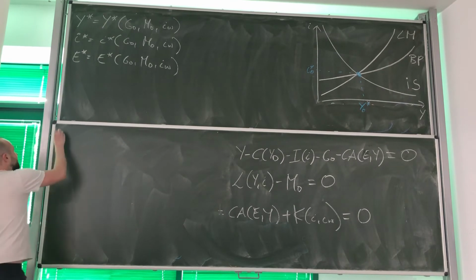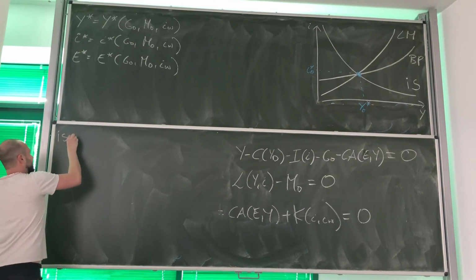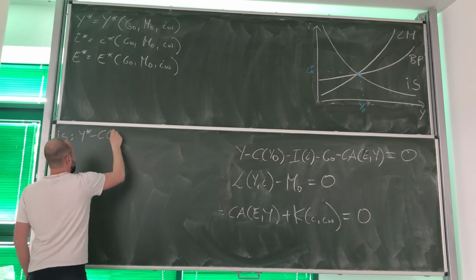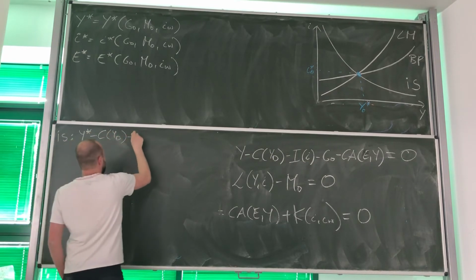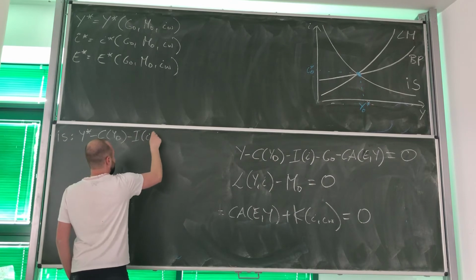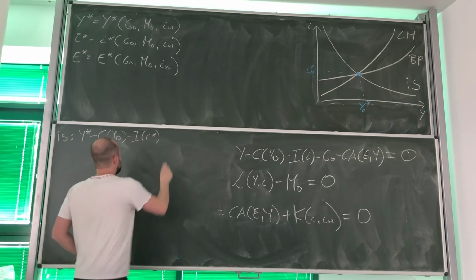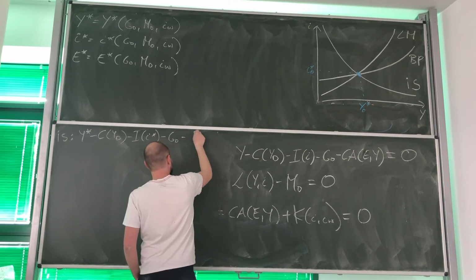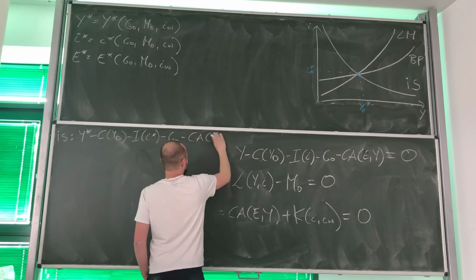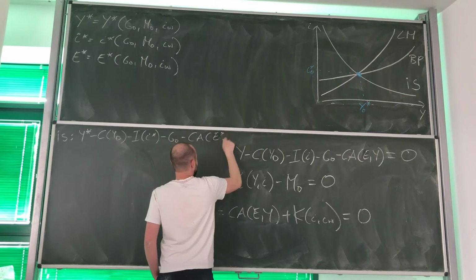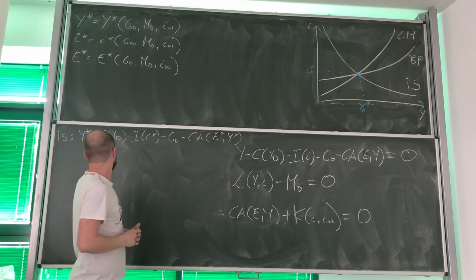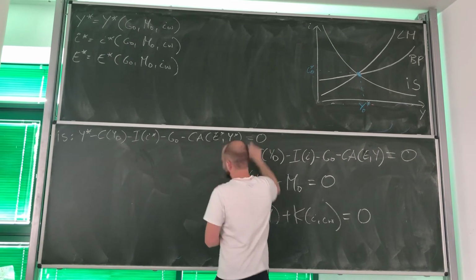Again, we can write the IS curve as y minus c(yd) minus I as a function of equilibrium interest rate minus G0 minus CA as a function of equilibrium exchange rate and equilibrium income. And we know that this is equal to 0.